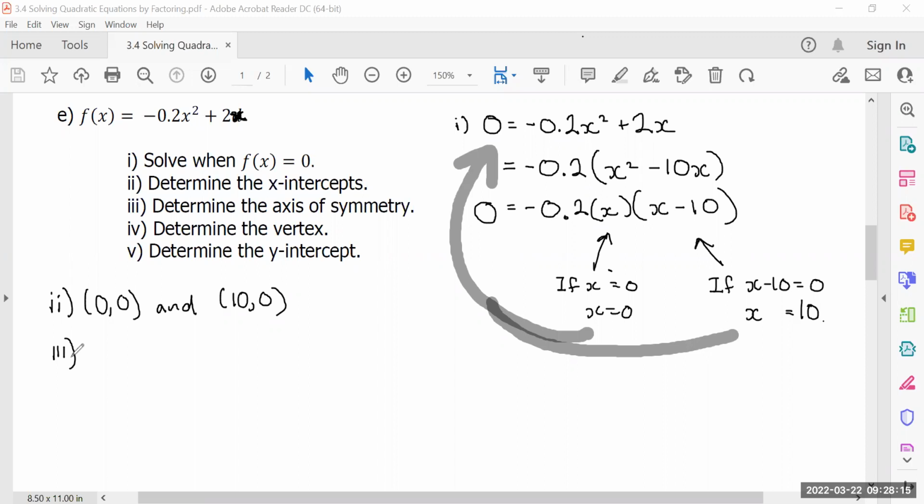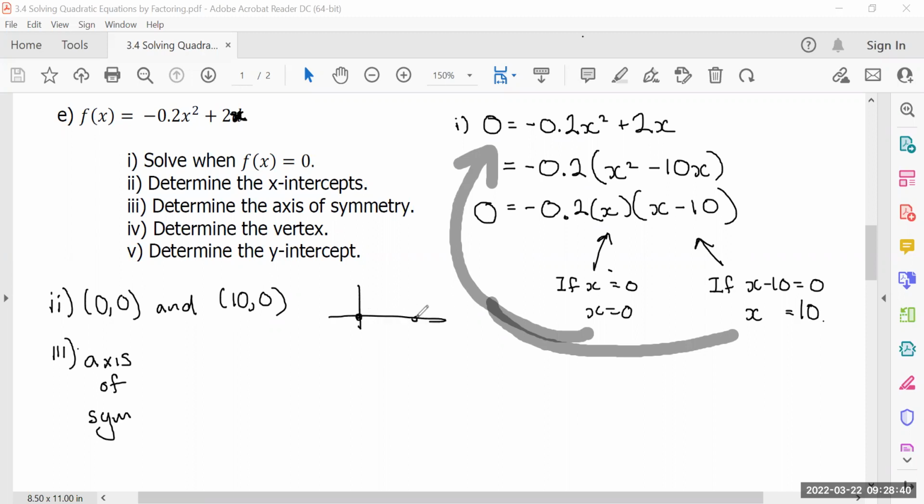Maybe not calculated, but where is it in terms of 0 and 10? Right in the middle. You're right. So if you recall, the axis of symmetry, logically speaking, is perfectly in between my 0 and 10.